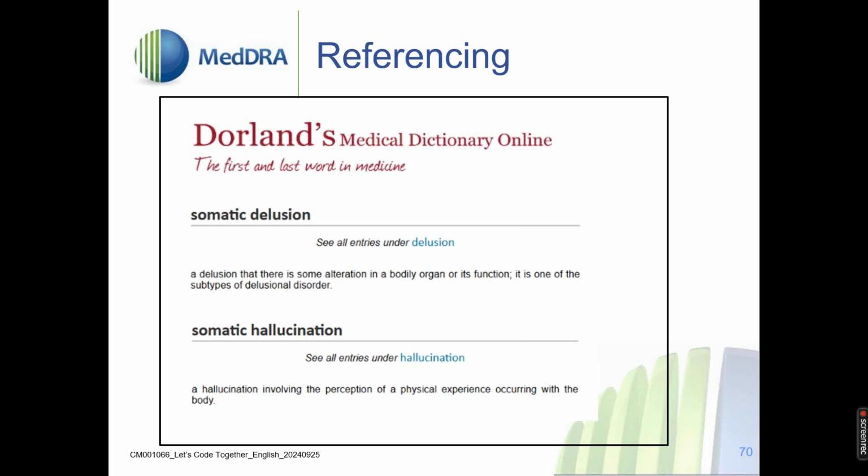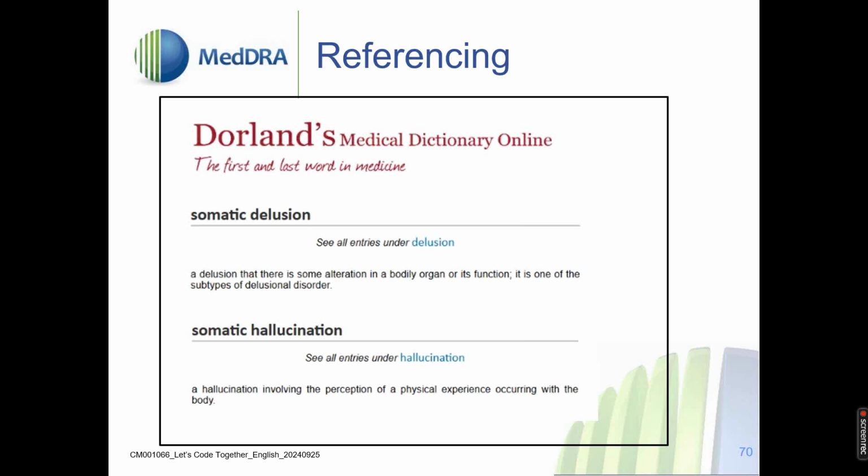So I would see this as somebody believing that there is something wrong with their body or a particular organ, even though they may be getting test results that there's nothing wrong. The evidence is coming in that there's nothing wrong, but they believe it is. So that's the concept of a delusion. It's a belief rather than seeing something.